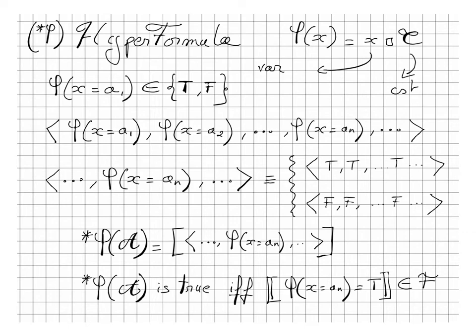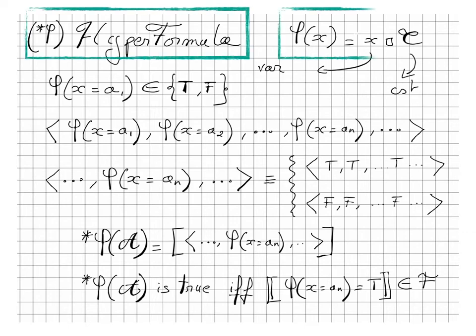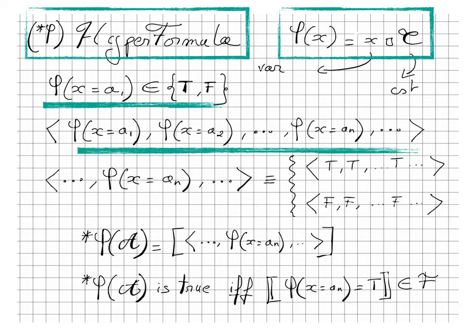Let us, for example, look at the statement which is here. x relates to τ, where x is a variable and τ is a constant. For x equal a1, φ is either true or false. So I build the sequence φ(a1), φ(a2), and so on. I have a sequence which is either almost true everywhere or almost false everywhere.